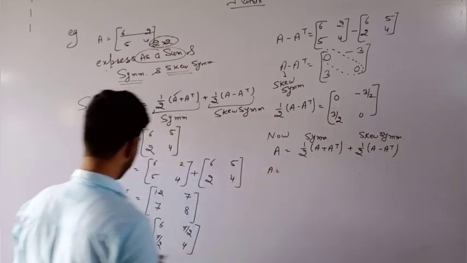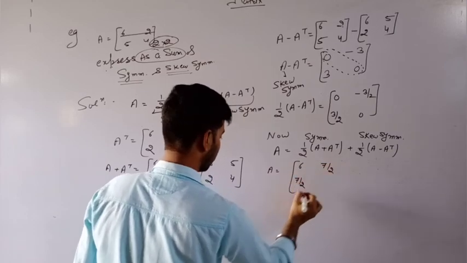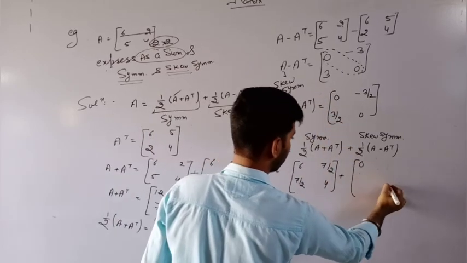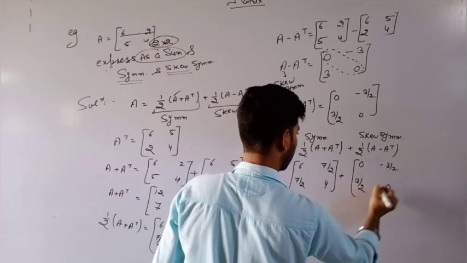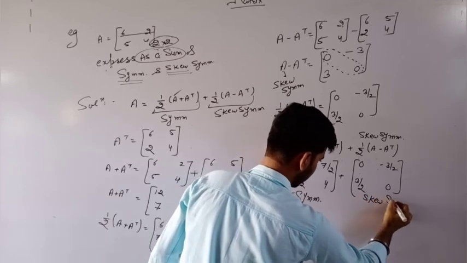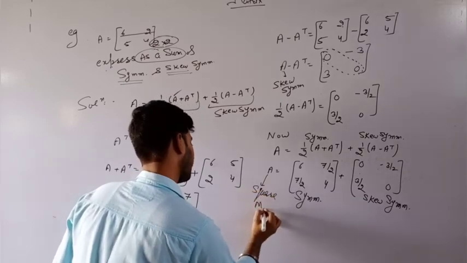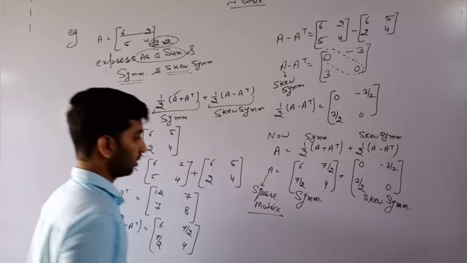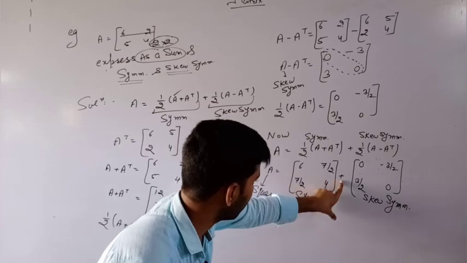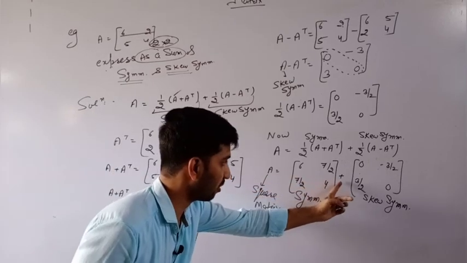Now by putting the values, half (A plus A transpose) is 6, 7 by 2, 7 by 2, 4, plus half (A minus A transpose) 0, minus 3 by 2, 3 by 2, 0. The first is symmetric and the second is skew symmetric, and A is a square matrix. So it has been proved that a square matrix is represented as a sum of symmetric and skew symmetric matrix.